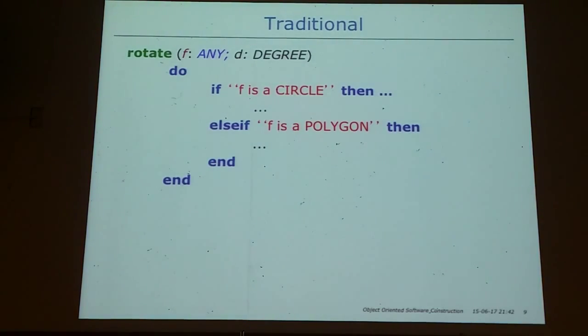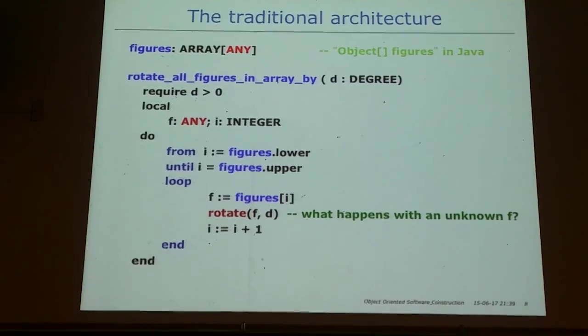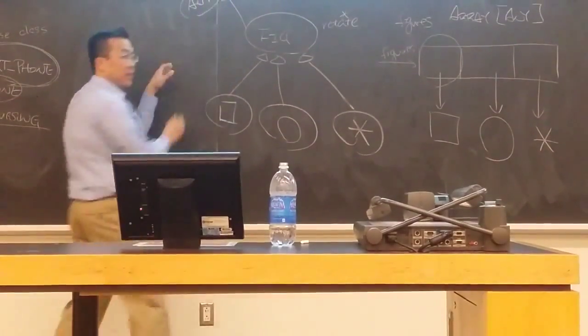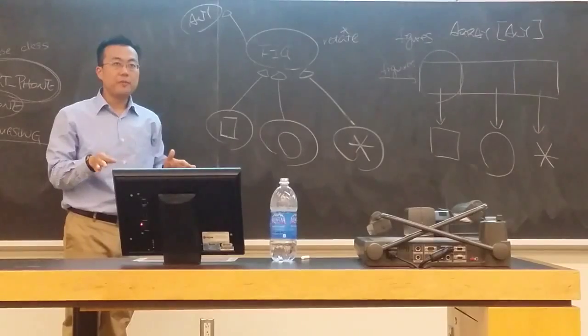So all the problems come from the fact that we put something here that's way too general. Because you can see that the figure class here has the rotate feature. But because everything is also a descendant of the any class, the any class is really at the top, and the any class basically has the most general features defined there.